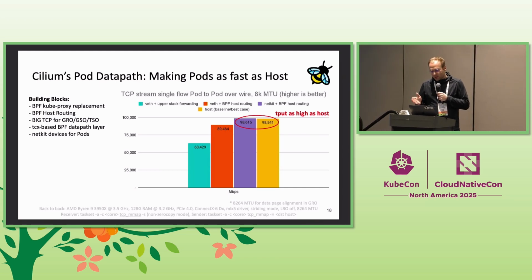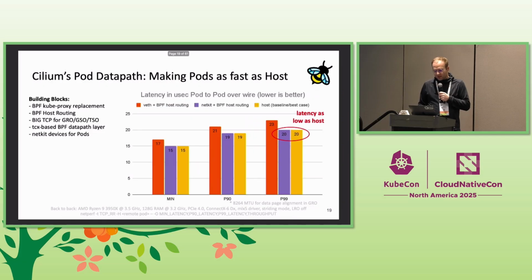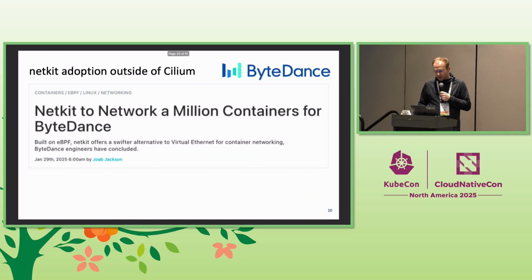And what you can see in the purple line is that you basically get the same performance with those techniques that I just described with netkit. And the same for the latency. So we also get exactly the same latency numbers as if the application is residing in the host namespace.